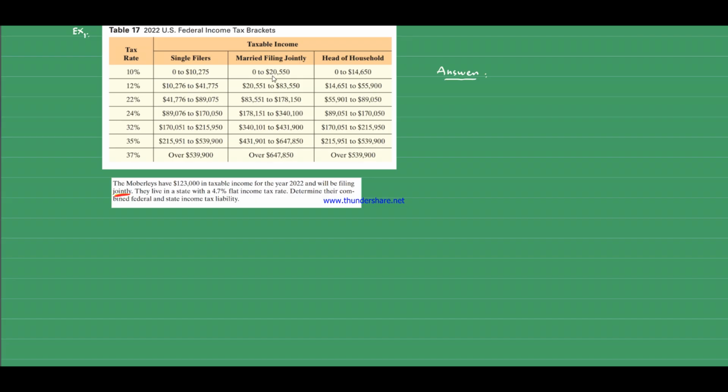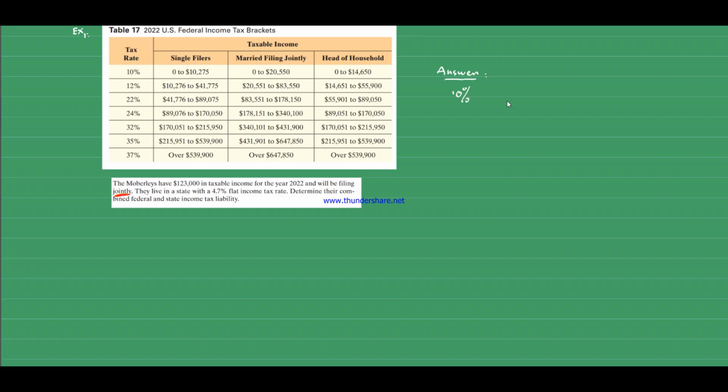For the first $20,550, we're going to apply a 10% tax rate. We already learned how to do this.